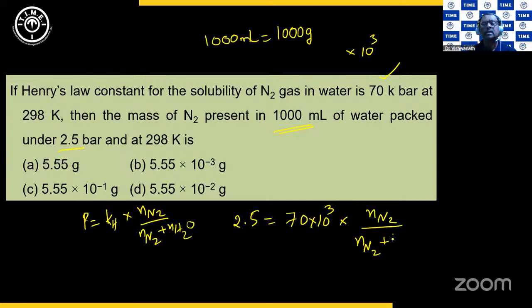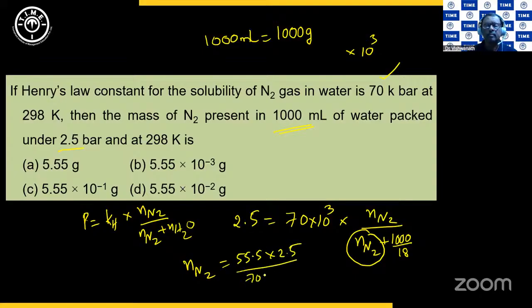So shall we say 1000 divided by 18, which is the molar mass of water? I'll ignore this number of moles of N2 like what we did in the previous question. So now this is 55.5. So number of moles of N2 equals 55.5 into 2.5 divided by 70 into 10 cube.